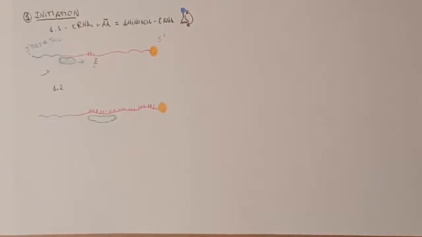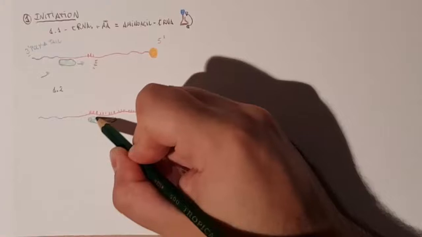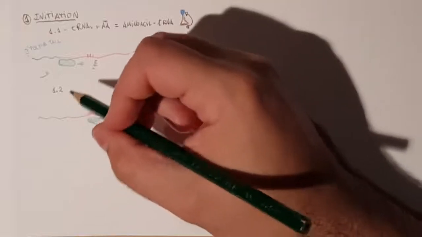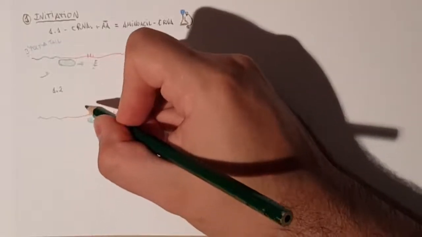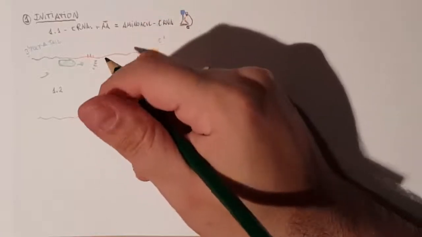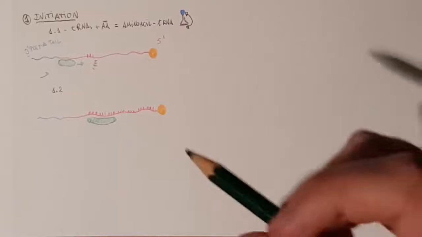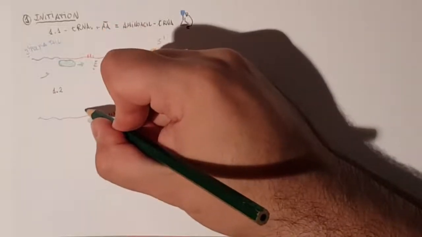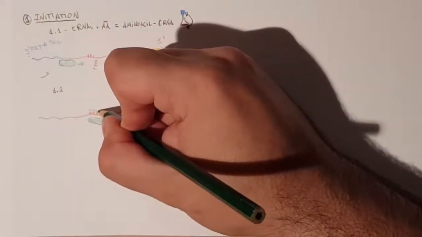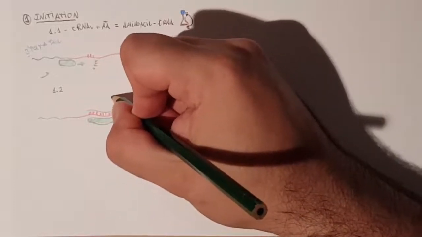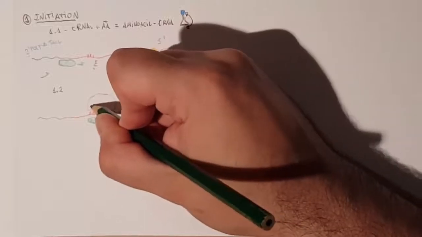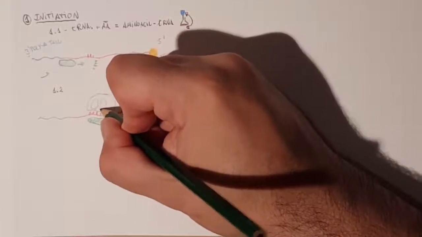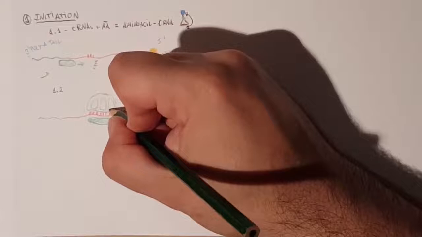Now the small subunit has found the start codon here, so it calls the big subunit, and the big subunit is going to join here, like this, with the three sites in different places.